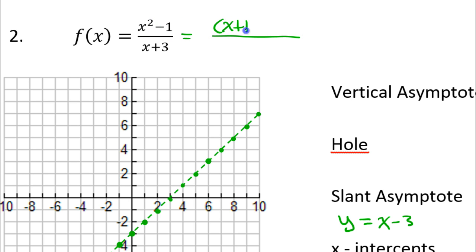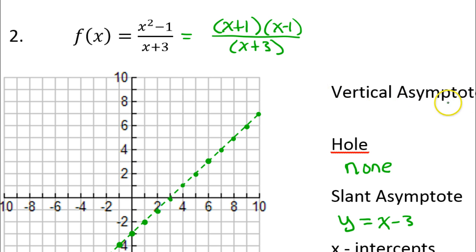So I get x plus 1 times x minus 1. In the denominator, I have x plus 3. Nothing is going to cancel out. If I had an x plus 3 up here and the x plus 3 canceled out, that would be a hole. But since nothing cancels out, there is no hole. So for the hole, I'm just going to put none.